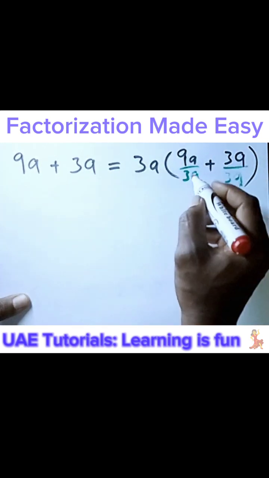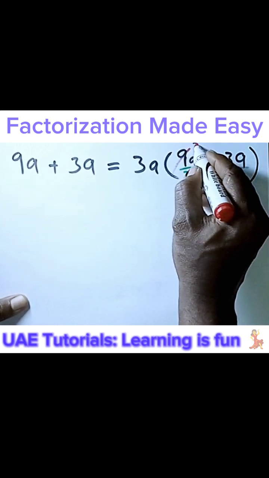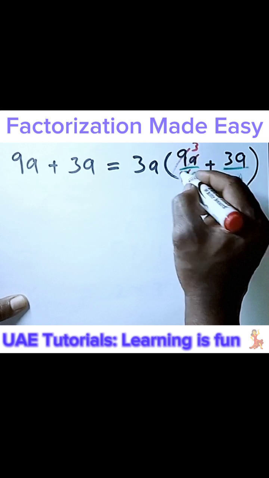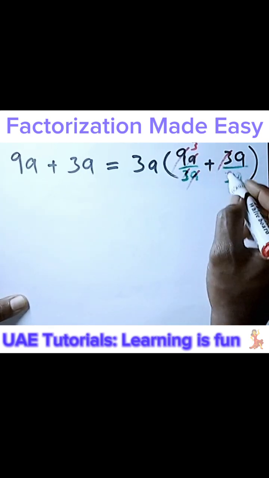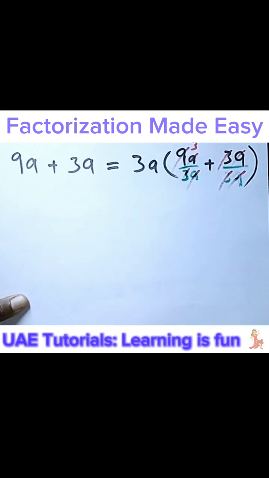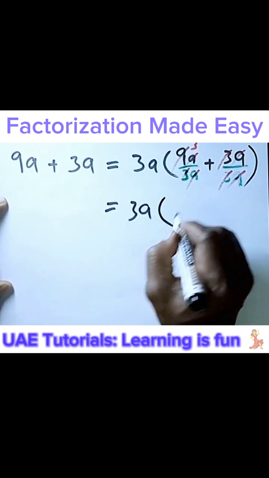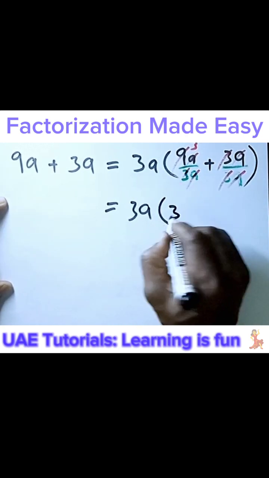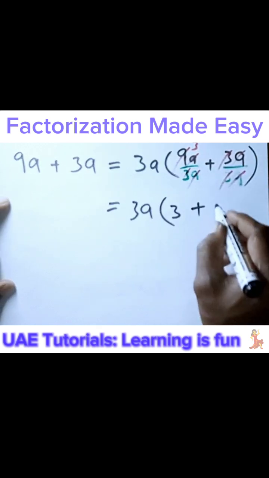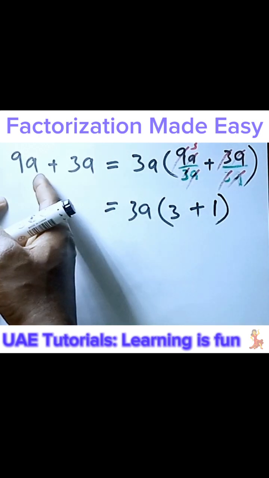When this 3 divides 9, what will remain is 3. And when this a divides this a, it goes. This 3 will divide this 3, it will go. A will divide A, and both of them will go. So what's remaining is the 3a outside the bracket. Here I have 3, the a is gone, plus here everything is gone, and what is remaining is just 1. So that is the factorization of this expression.